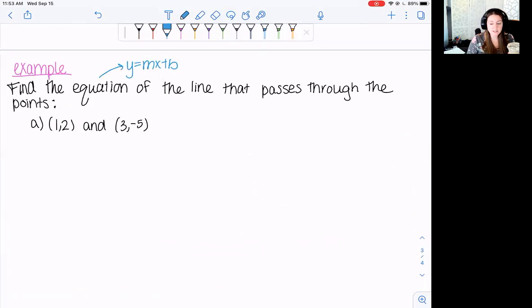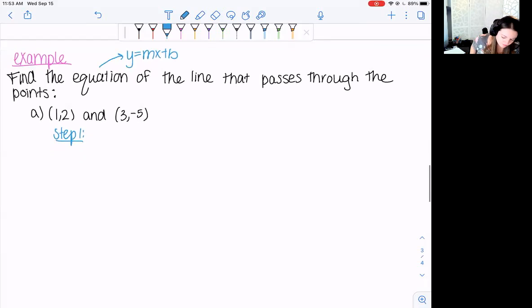The process is pretty straightforward. Your first step is finding the slope, because we need to, just got water on my screen. We need to find m and we need to find b. So to find m, well, we have 2 points. We have a slope formula, so we'll do that.